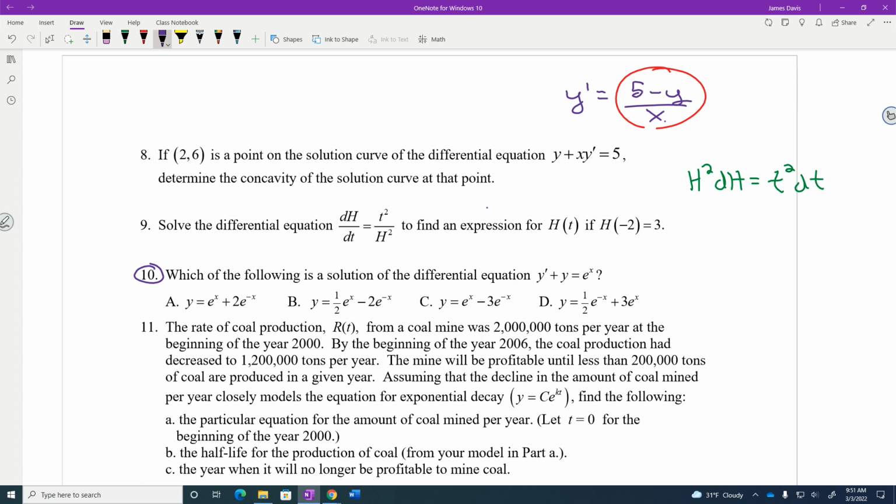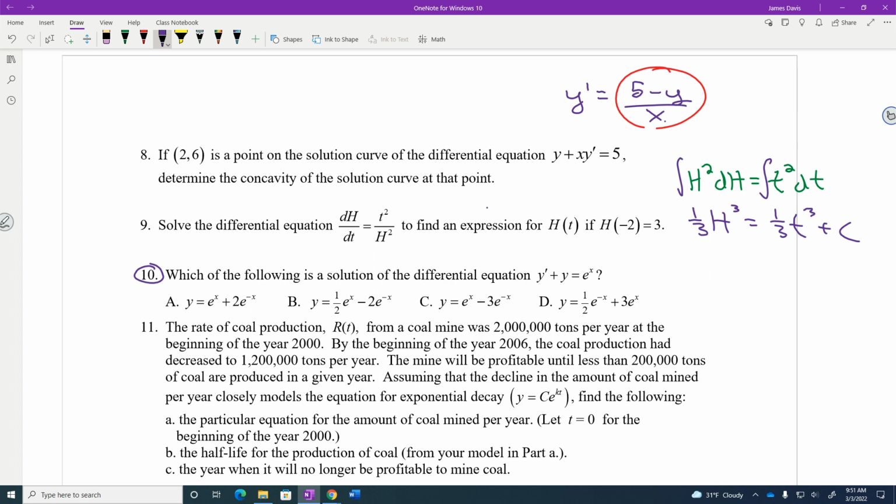We can then go ahead and integrate. We get 1/3 h cubed equals 1/3 t cubed plus C. And you have a couple options.